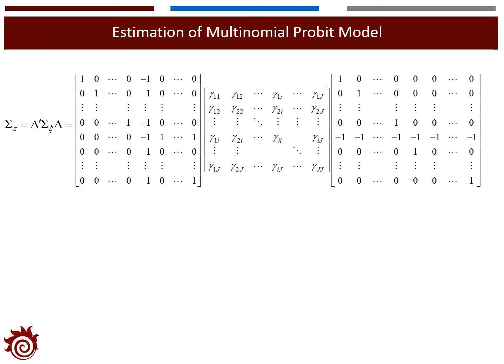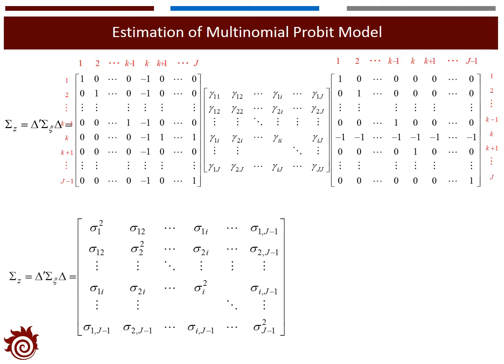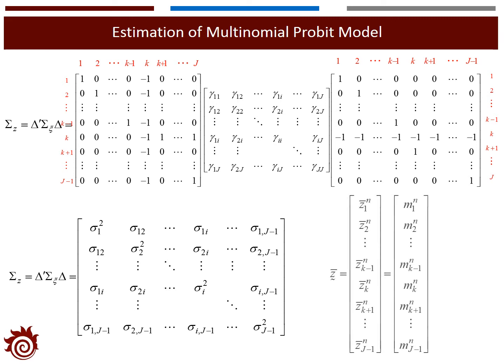And we know that the size of the transformation matrix is j minus 1 by j. Then we can quickly find out that the size of the covariance matrix of z is j minus 1 by j minus 1. With this, we get the covariance matrix and mean for the variable z.